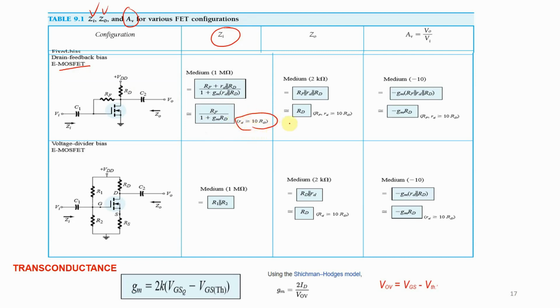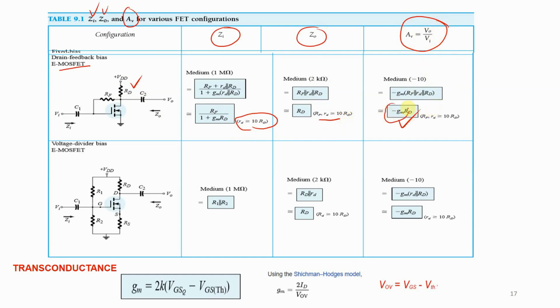Now for Zout, it will just be equal to the value of RD, considering the same assumption that RF is greater than or equal to 10 RD. And the voltage gain, Vout over Vin, is equal to negative gm multiplied by RD.